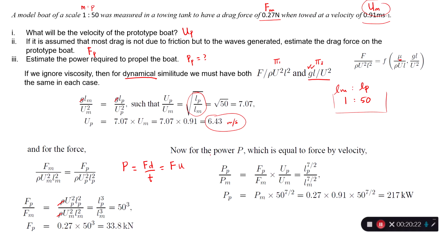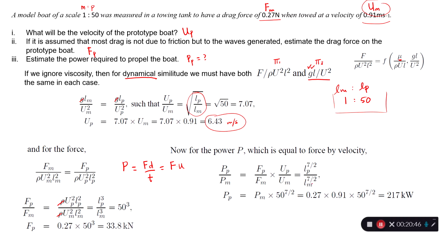Now we want to calculate the power for the prototype. The ratio, power of the prototype over power of the model, equals F prototype times U prototype divided by F model times U model. So you will get this relation.